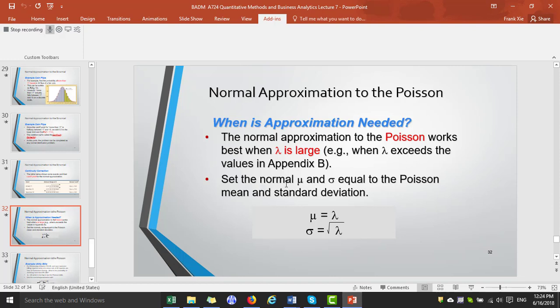You can set the normal mu and sigma equal to the Poisson mean and standard deviation. In Poisson distribution, the mean is just lambda, so mu equals lambda. And the standard deviation is the square root of lambda. Then you have mu, you have sigma, you can just calculate as normal.